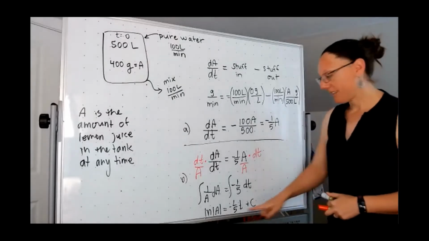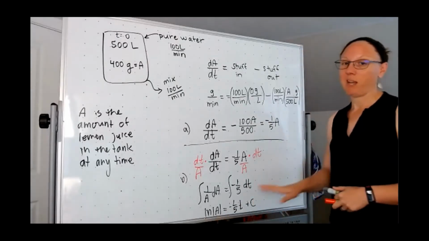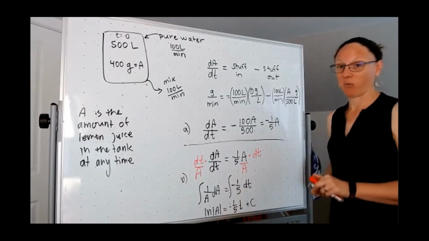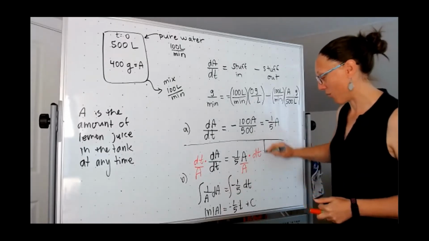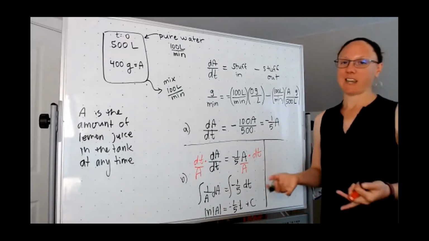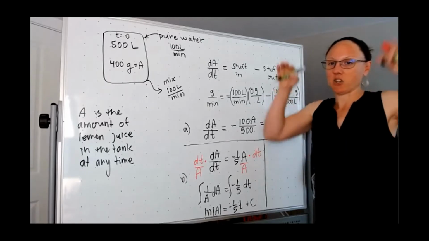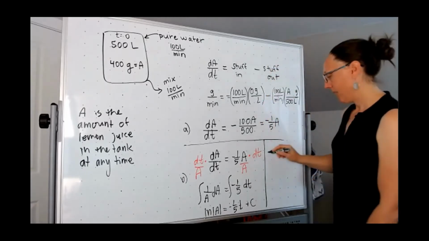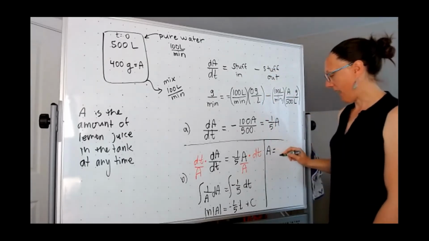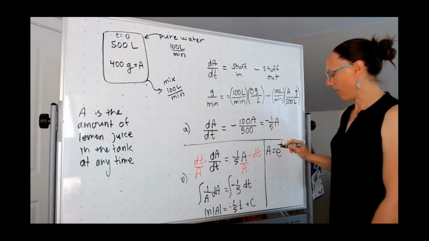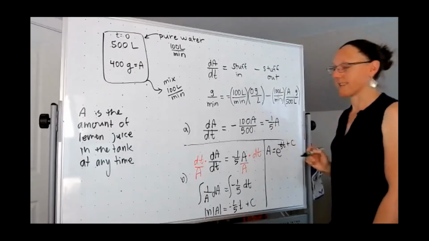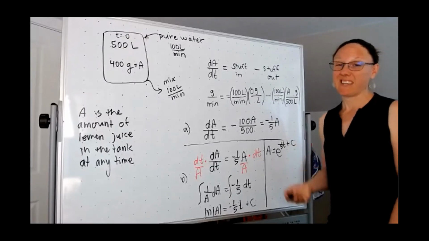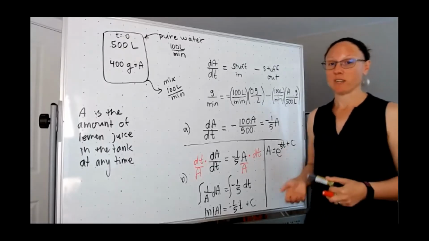Going from here, to get that A by itself, I'm going to take this log expression and rewrite it in its exponential form. Or you can think about it as taking both sides and raising e to all the stuff. So I'll be left with A is equal to e to the -1/5 t plus a constant. This is again a place where we have choices.